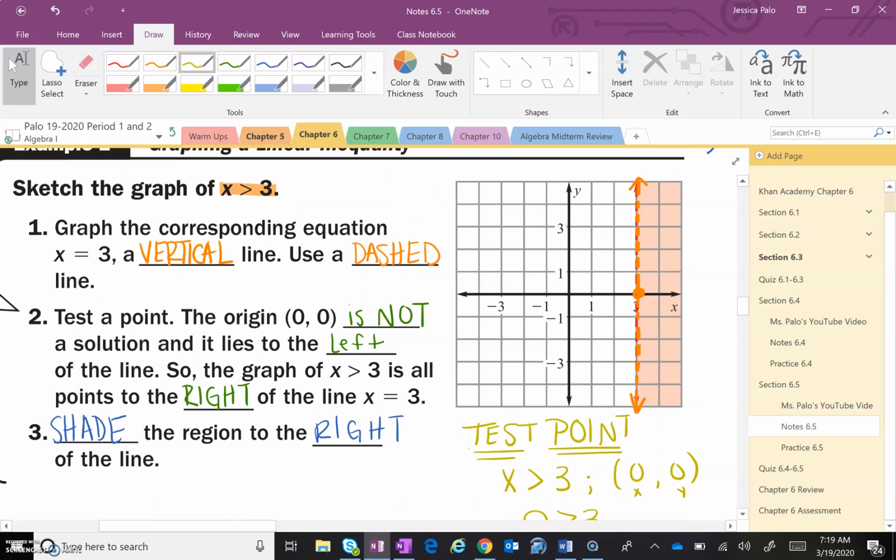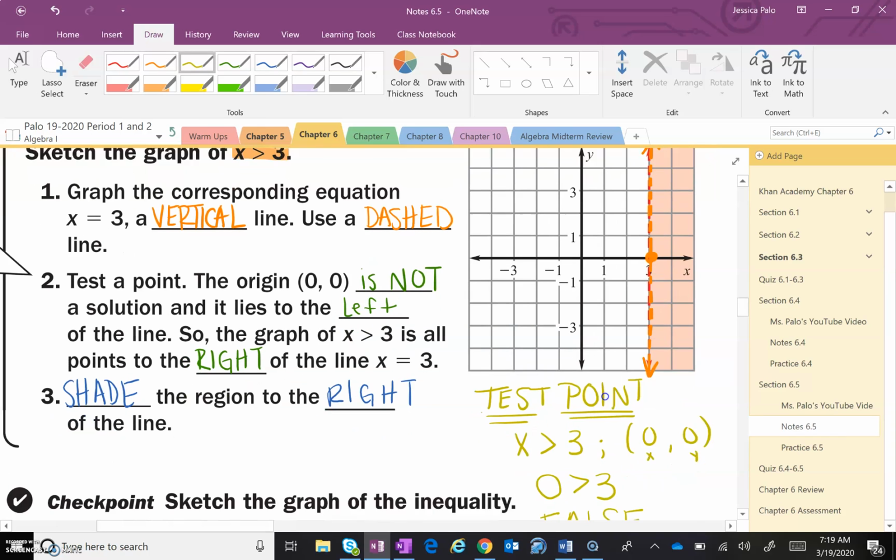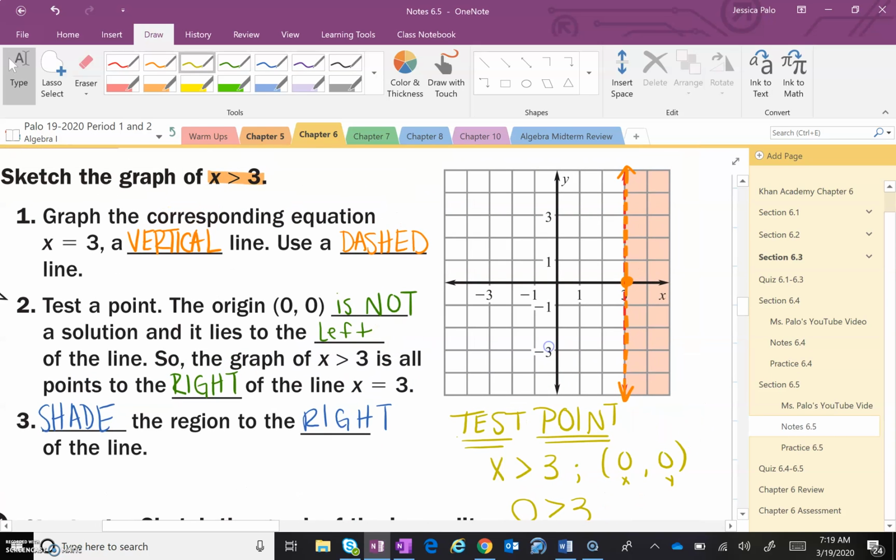So that means the half plane that contains our test point, which is right here, is not a solution. This entire side of the line now does not contain any solutions. So you have to shade the opposite side. If it's false, you shade the opposite side. So we are going to shade over here. The right side of the line contains all of the solutions.